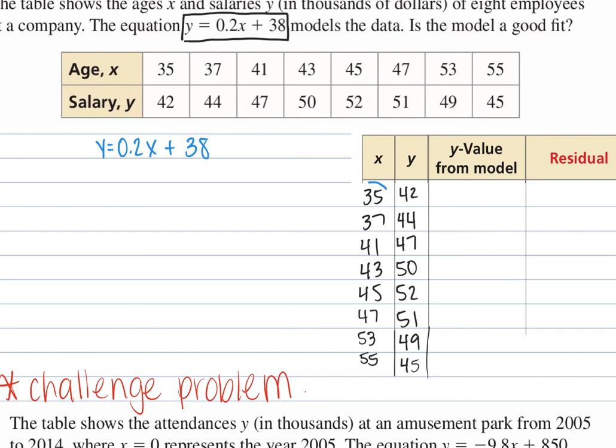And now we're gonna plug in all of my X values. So let's start with X equals 35. We plug that in, we're gonna get Y equals 0.2 times 35 plus 38.